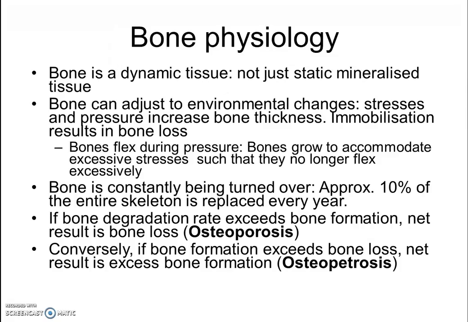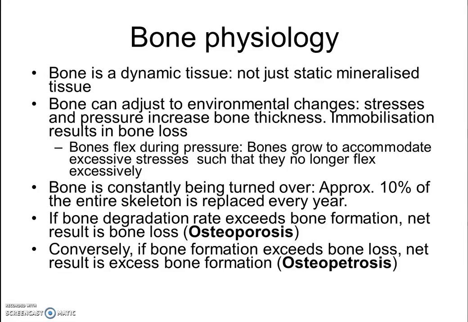So the main point of this slide is to let you know that bone's a dynamic tissue in that it is remodeled over time. So we're looking at about 10% of the entire skeleton being remodeled every year, and this is in response to bone flexing, micro cracks, micro stresses on the bone when you allow impacts to occur.